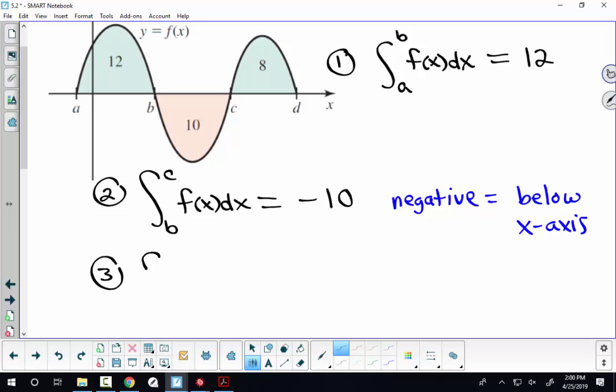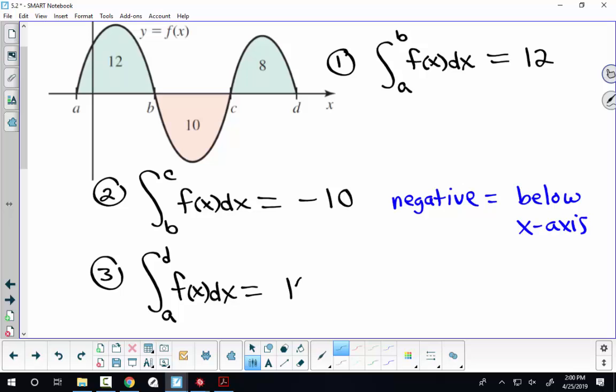How about the integral from a to d of f of x dx? 10. Yeah, how'd you get that? Because you add 12 and 8 and then subtract the 10 from the x-axis. Yeah, good. So that's the total net area from a to d.